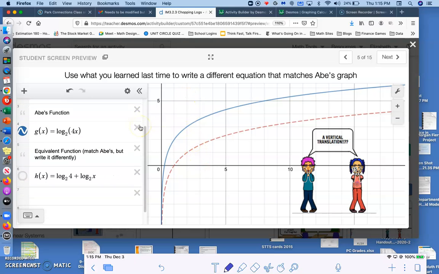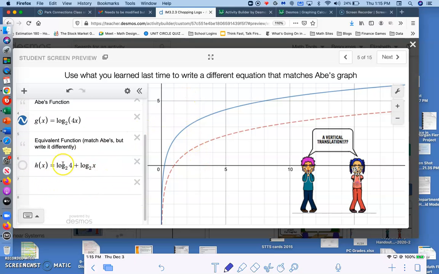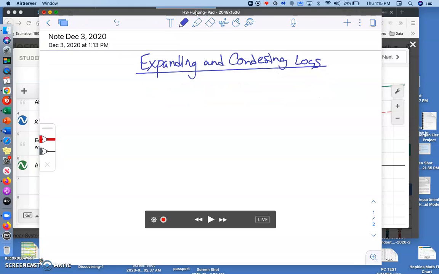We moved it, and we know that for a vertical translation we do some adding, because from our past work with translations, vertical means to add. So the first thing we just figured out is that it's a vertical translation.